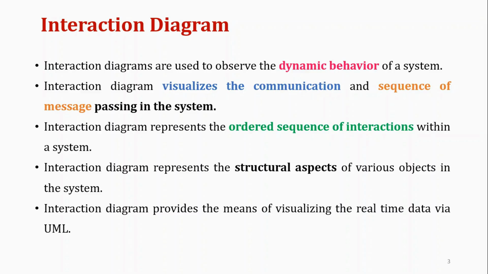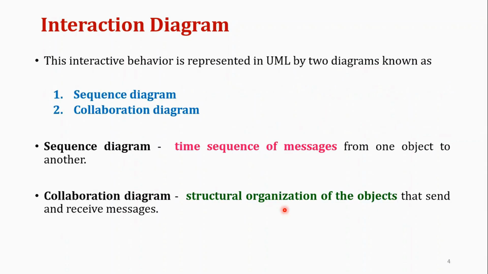Interaction diagrams help us see which object sends a message, which object receives the message, and in which order the messages are exchanged between the objects, and how the system behaves over a period of time. Thus the interaction diagram provides a visual representation of the communication among the objects.